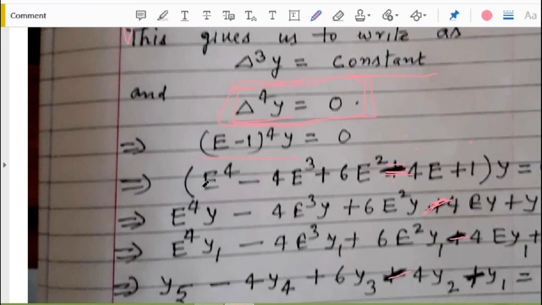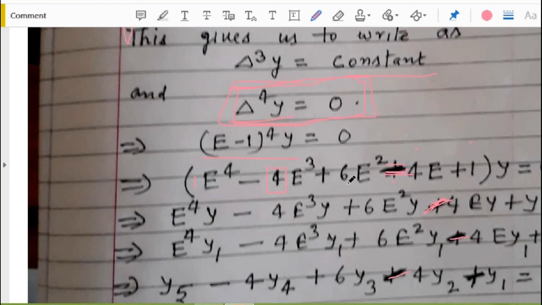So E to the power 4, this is 1, here is 1, and then you have what? n. If you remember n in the formula, n is here 4, so 4 is here and minus is here.